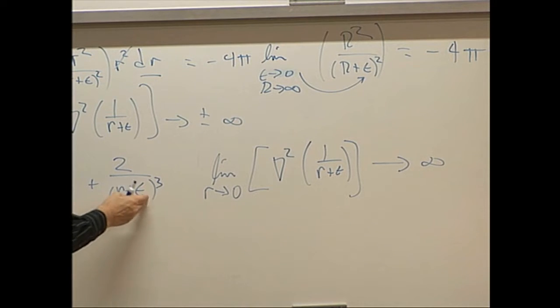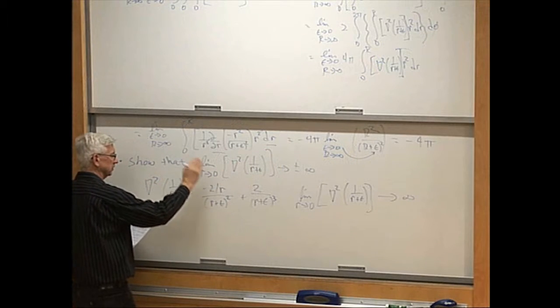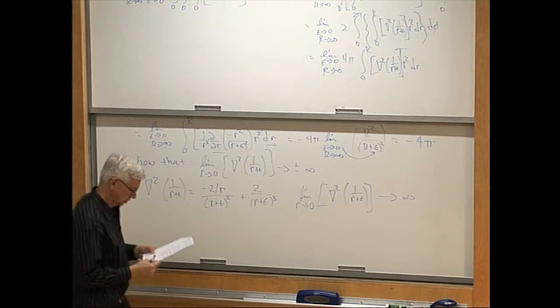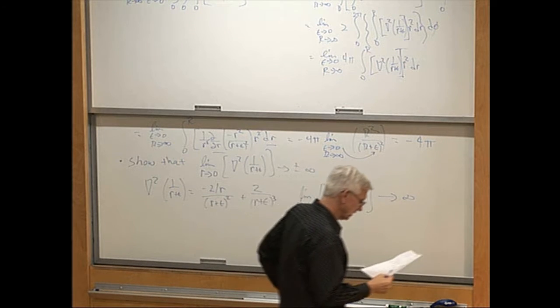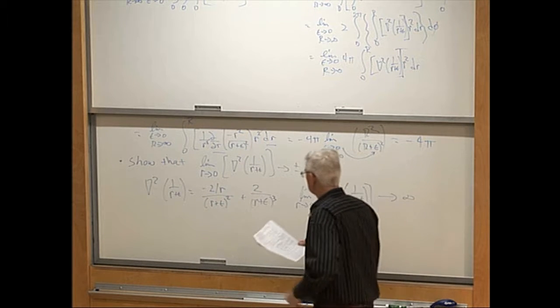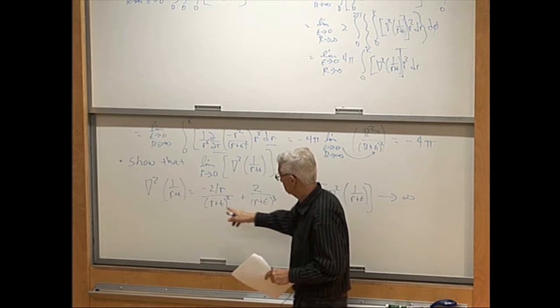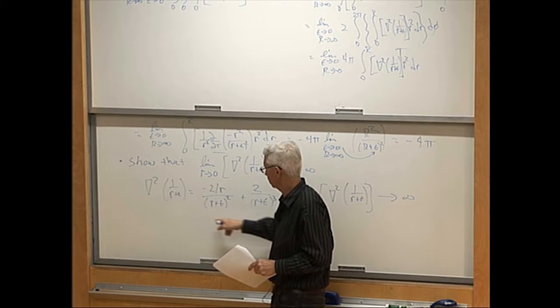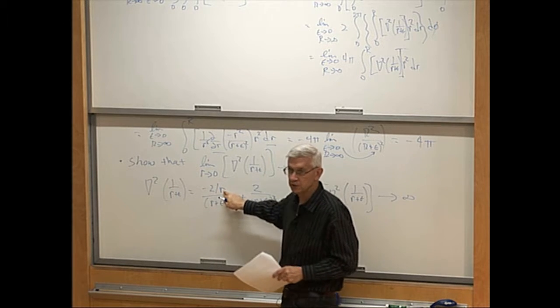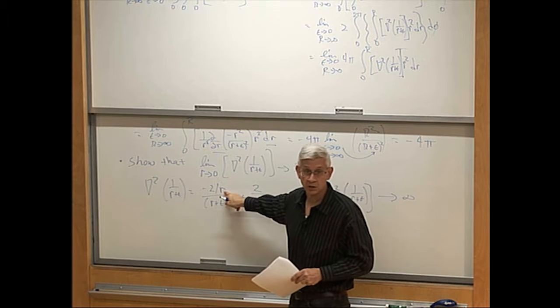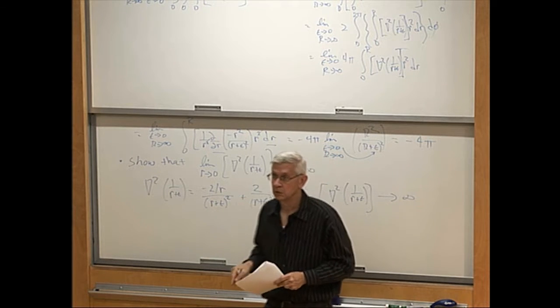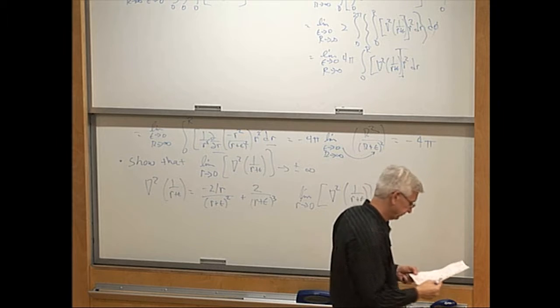As epsilon goes to 0 and r goes to 0, this term goes to infinity, and so does this one. So that's actually independent of epsilon, because this first term goes to infinity anyway, without respect to what epsilon's doing.